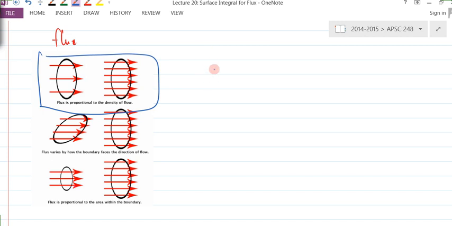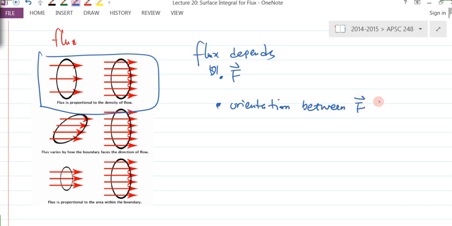So three quantities, right? Basically, flux depends on the vector field F, and also depends on the orientation between F and the surface.